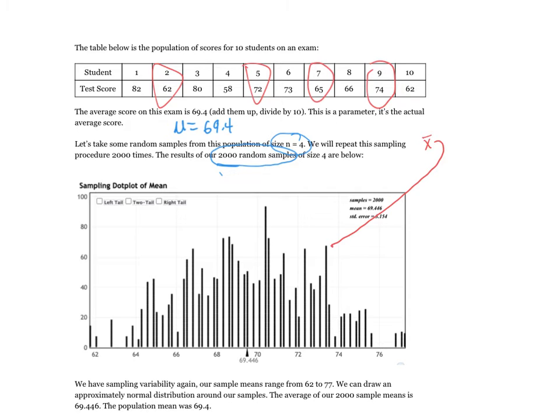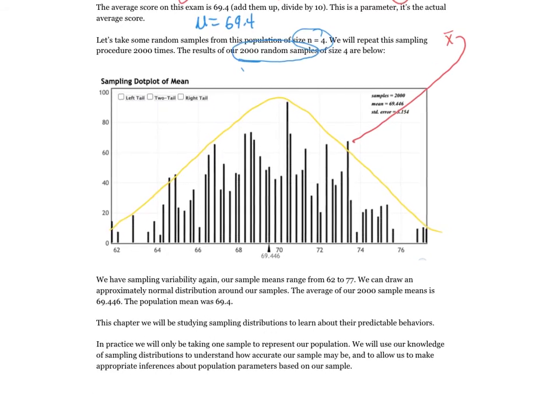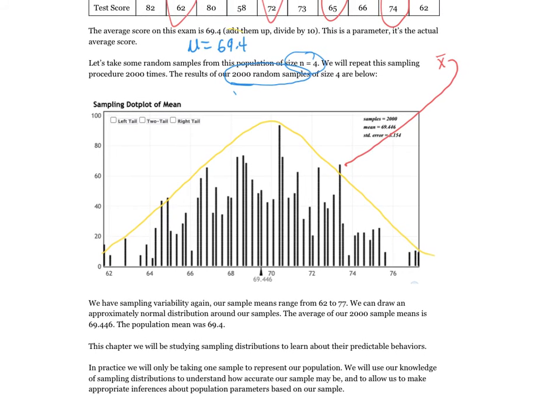So you can see again, I get a pretty symmetric bell-shaped graph. Okay, we knew our average was 69.4 for the population. Look at what my average of all 2,000 samples ended up being, 69.446.